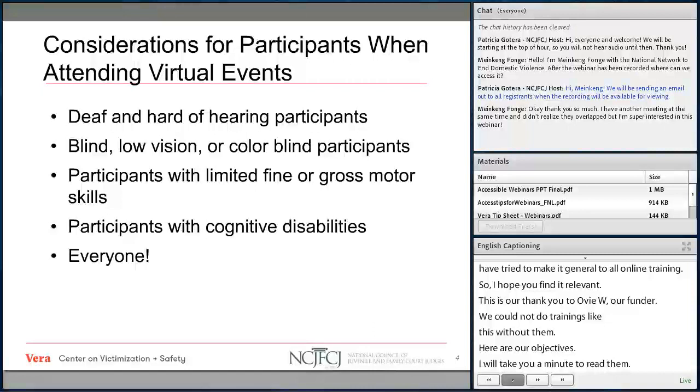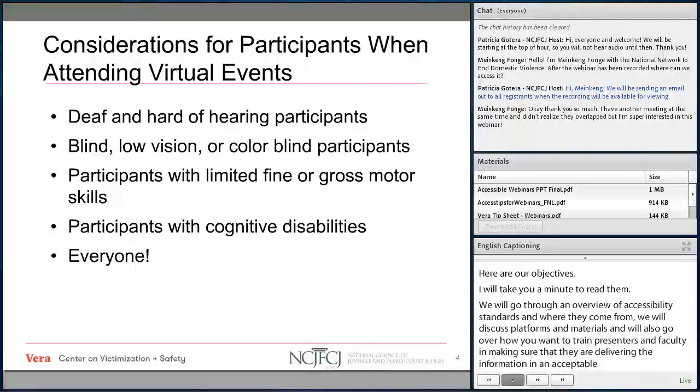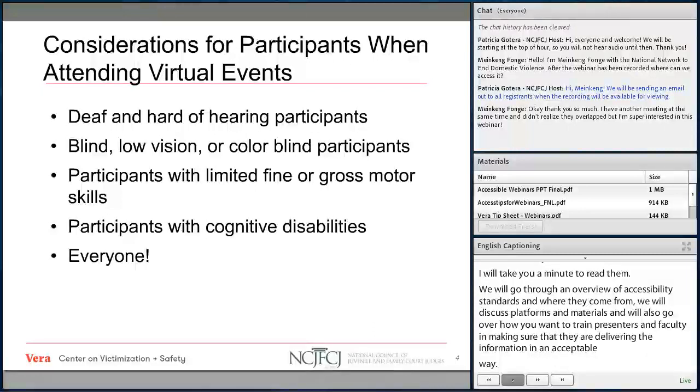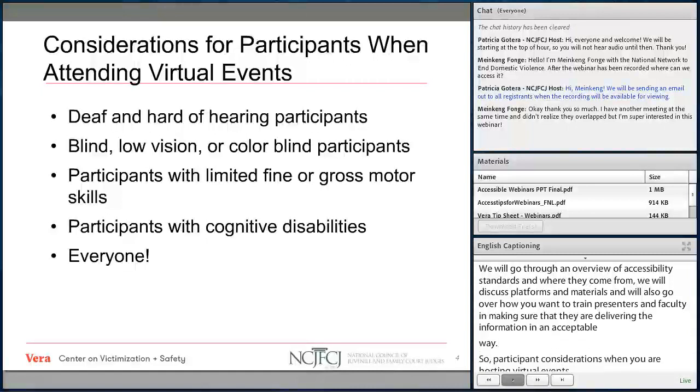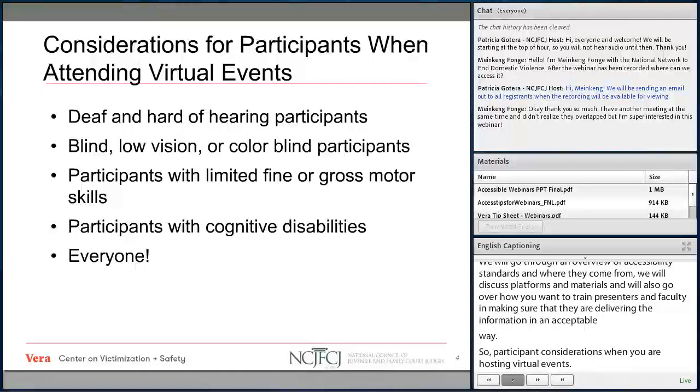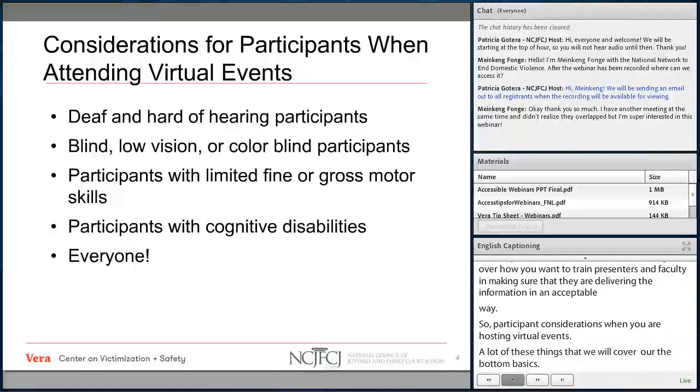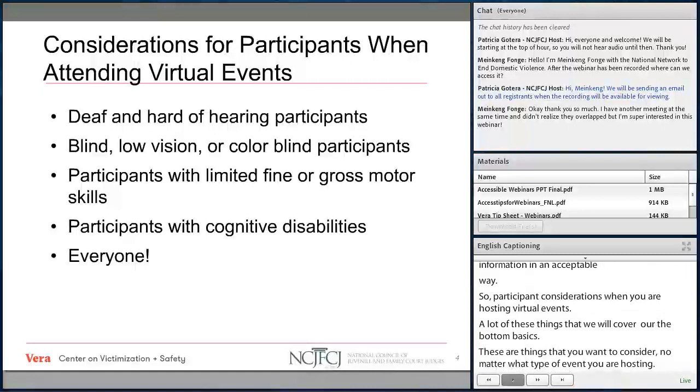All right, so participant considerations when you're hosting virtual events. A lot of these things that we're going to cover are the bottom basics. These are just things that you want to consider no matter what type of event you're hosting, because you could get access requests for a variety of things as far as interpretation, different formats of materials.